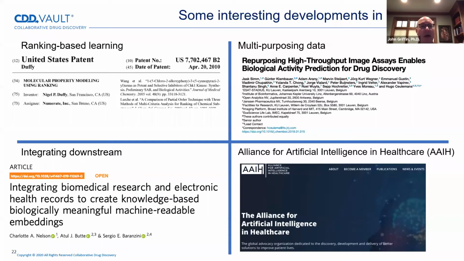In the upper left-hand quadrant, going back to something I mentioned earlier about technology developed at NUMRIT, this is an issued patent for ranking-based learning, which is one of the approaches that Nigel Duffy and our colleagues at NUMRIT developed to address noise and bias in training data from biological systems and biological assays.